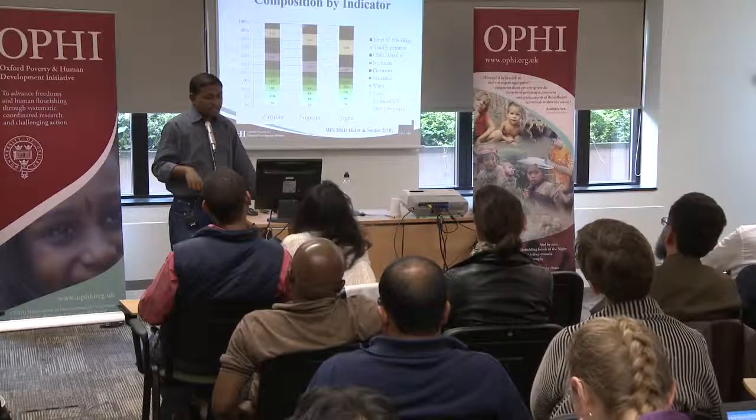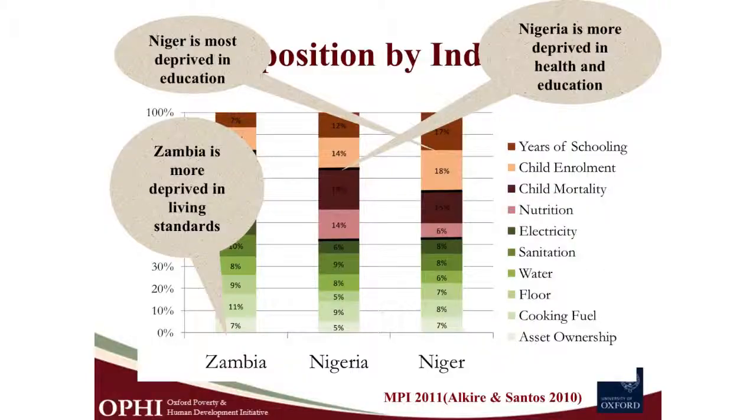Again, it's a similar thing, and it is from Sabina and Mariama's paper trying to understand different types of compositions. So Zambia is more deprived in living standard. Nigeria is more deprived in health and education, and is most deprived in education, much larger.